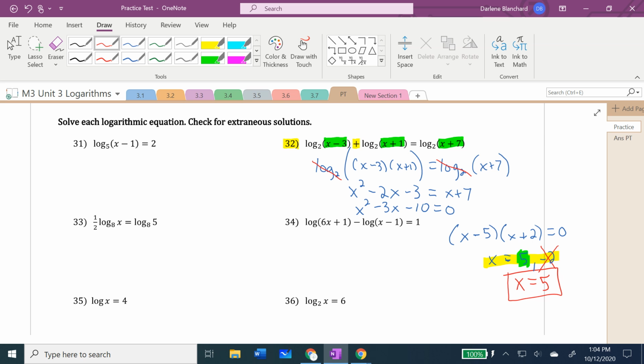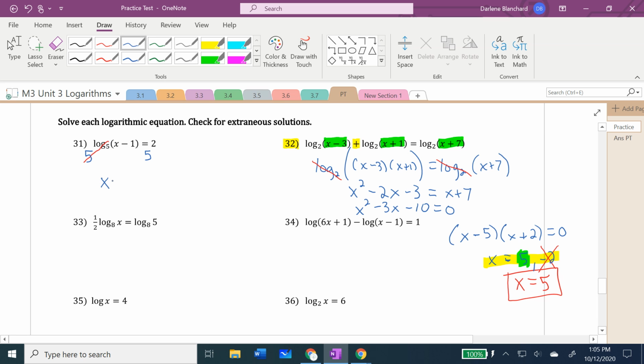Let me go back over to 31. 31's ready to go, but it's not a log equals a log. It's a logarithm equals a number. So you need to undo the logarithm with its inverse, 5 to the power of. Then 5 to the power of log base 5 are opposite operations.